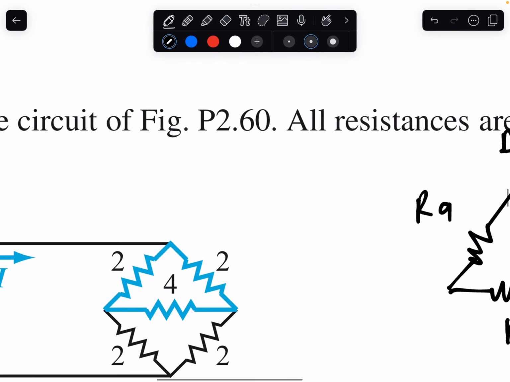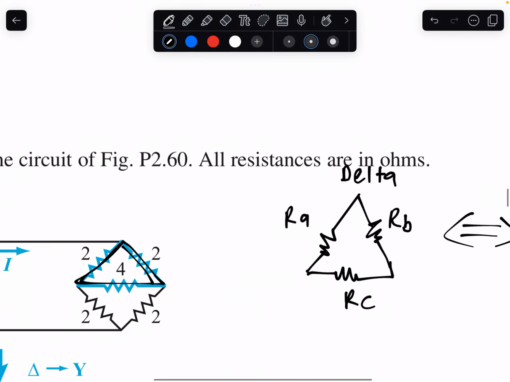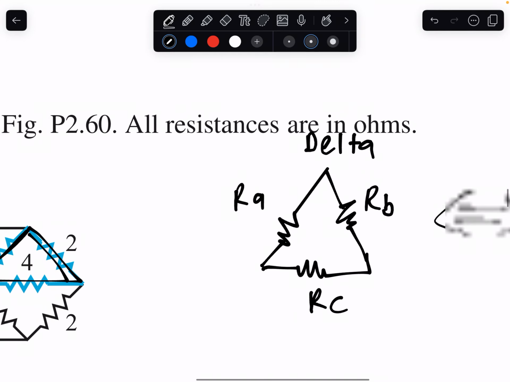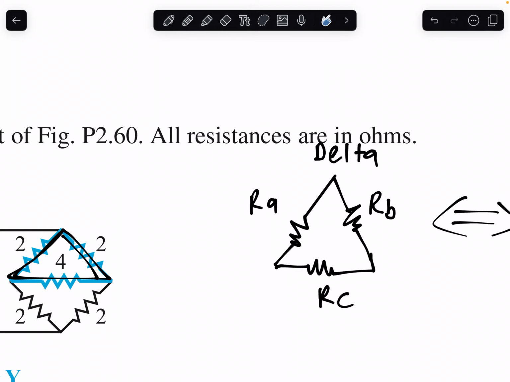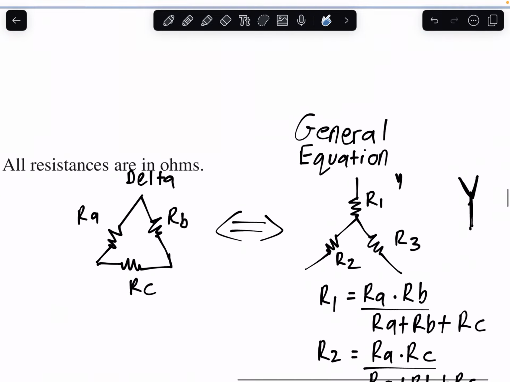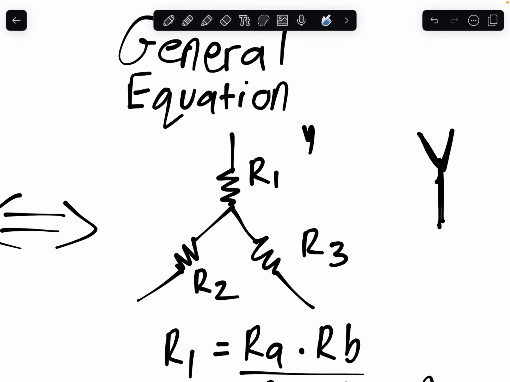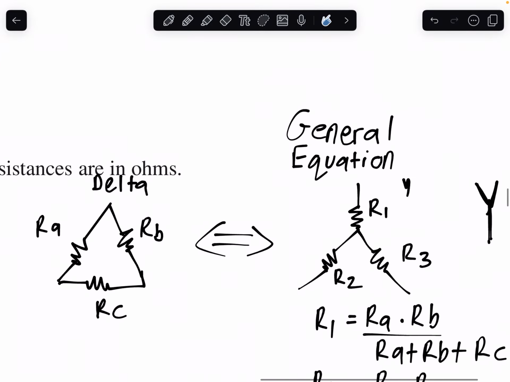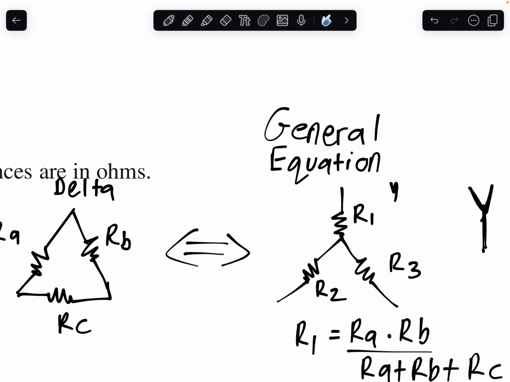So for example, this delta right here, it's like a triangle, could be written in general as one of the resistors being called RA, RB, and RC, right? And that delta is directly equivalent to a Y configuration, whereby its resistors are R1, R2, and R3, right?